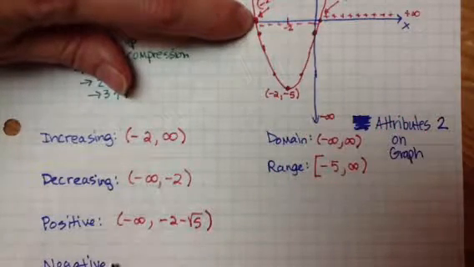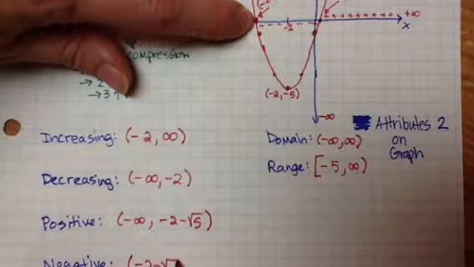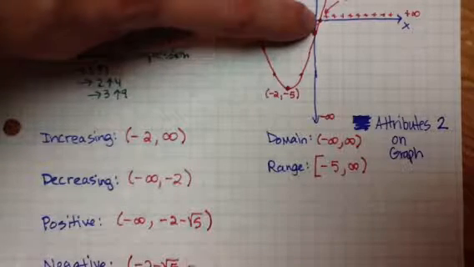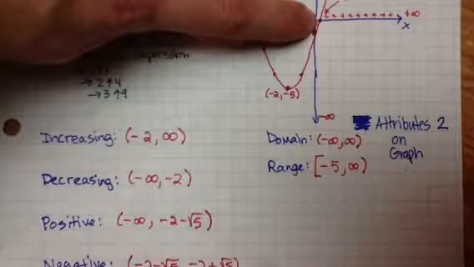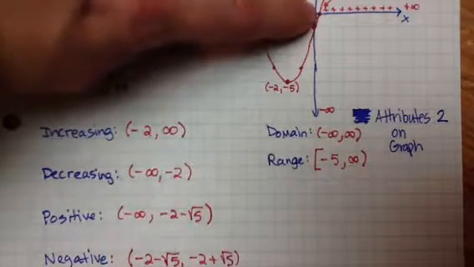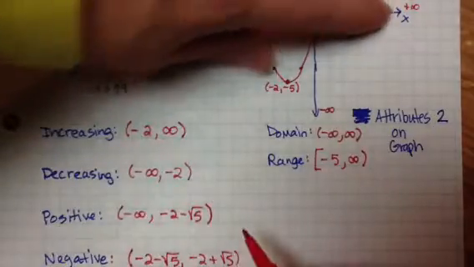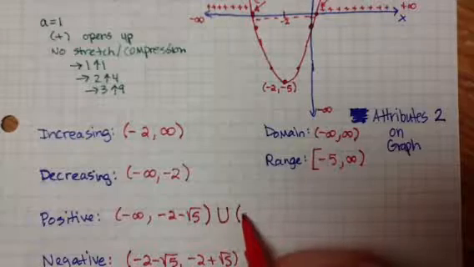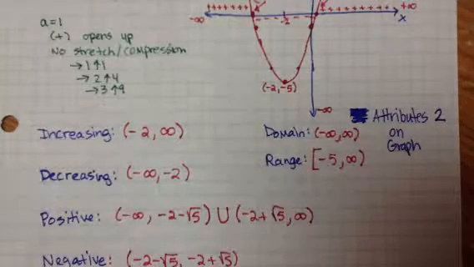So we'll go into the negative section, and it will be negative from negative 2 minus square root of 5 up until this spot right here, which is negative 2 plus the square root of 5. And then it's positive again, all the way out to infinity. So we'll put a union symbol here, and then we'll start up again at negative 2 plus the square root of 5, all the way to infinity.